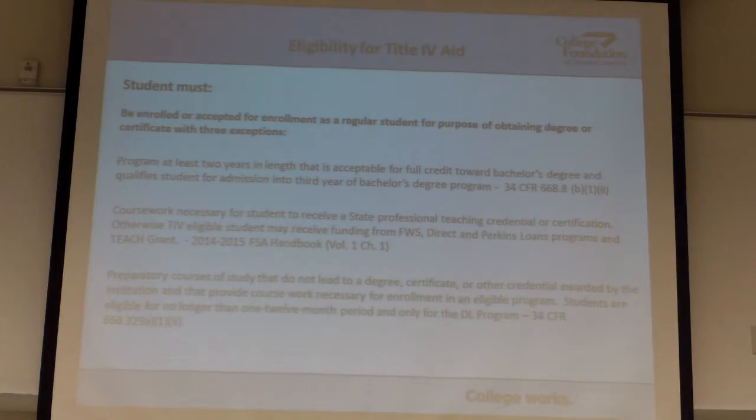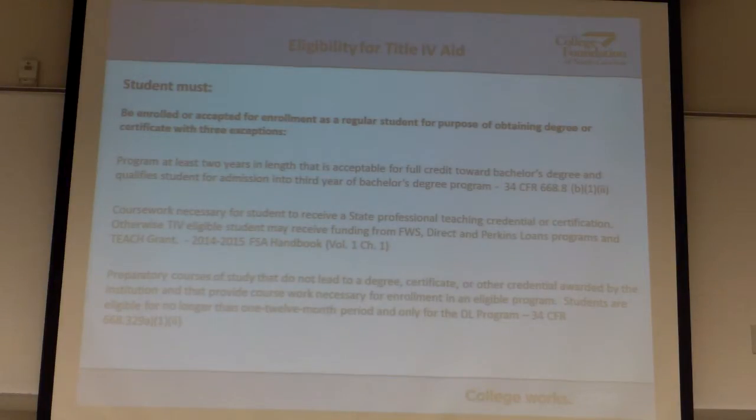Talking about the second exception to this program-specific Title IV eligibility requirement: coursework necessary for a student to receive a state professional teaching licensure or credential. A lot of these students pursuing their teaching credential already have a bachelor's degree and they're going back for licensure only.